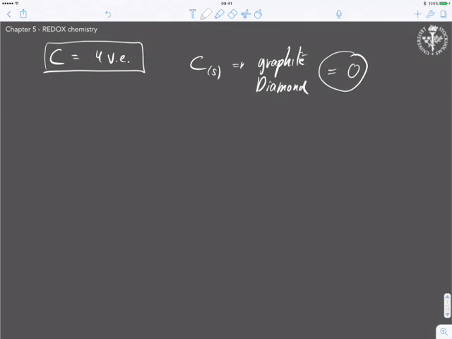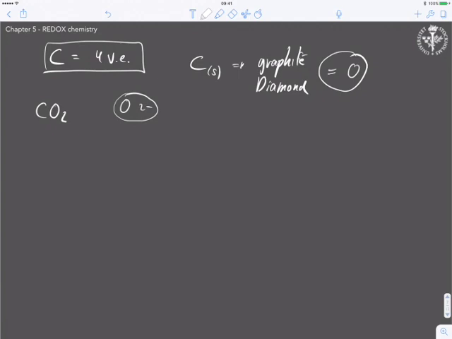What is the oxidation state of carbon in CO2? By definition, oxygen is 2 minus. You have two of them. That means oxygen is way more electronegative than the carbon, so it will grab those electrons. Again, this is hypothetical. Of course, they will share electrons because it's a covalent bond. But as a simplification, because oxygen is more electronegative than carbon, it will grab those electrons.